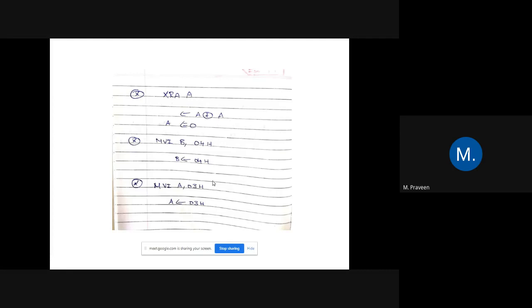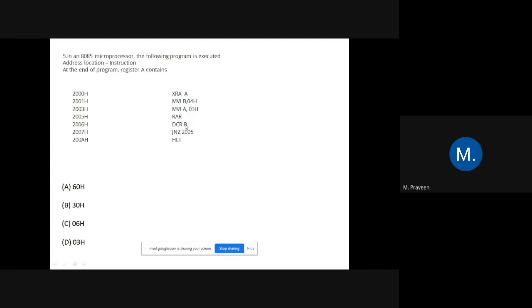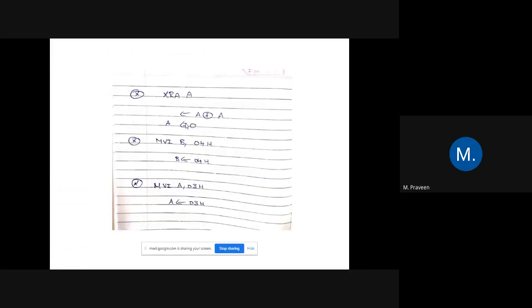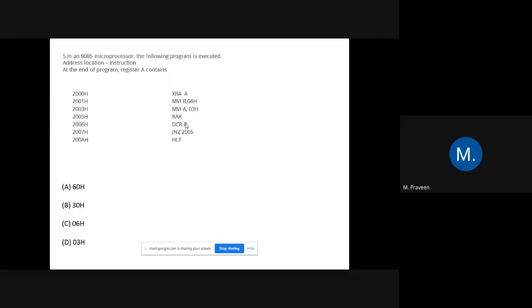Now the value of B is 3. Then we go for the next instruction, jump non-zero. If the B value is non-zero, the control will be transferred from address 2007 to address 2005. So we check the condition: the B value is now 3, which is non-zero.